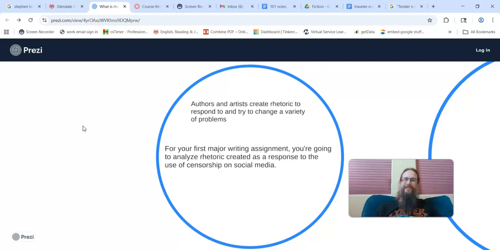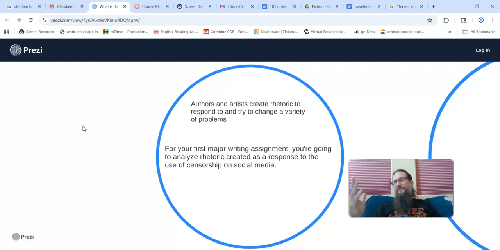This is an outdated slide, but we are going to keep rolling. I used to have students write about censorship on social media, but that landscape has changed quite a lot. As you know, that's not the topic, right? You're analyzing an article that was developed in response to the assassination of Charlie Kirk, right?